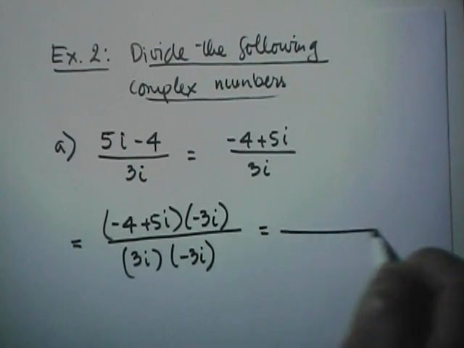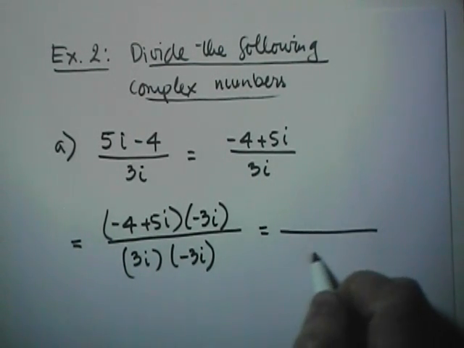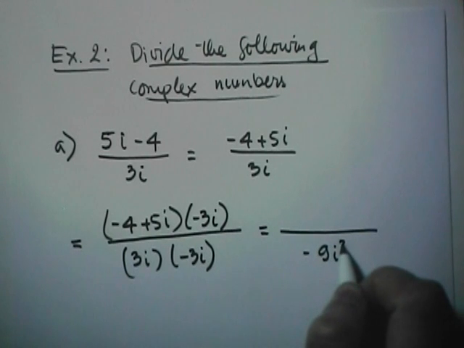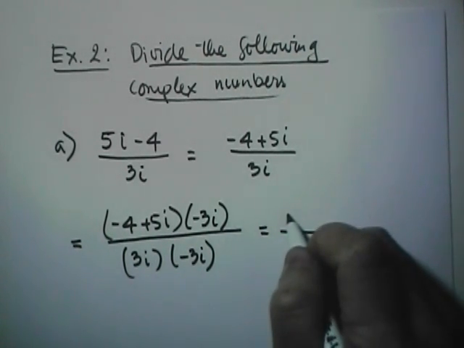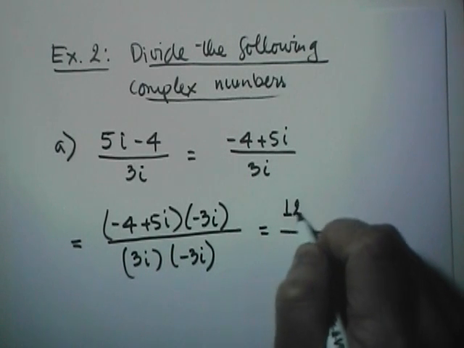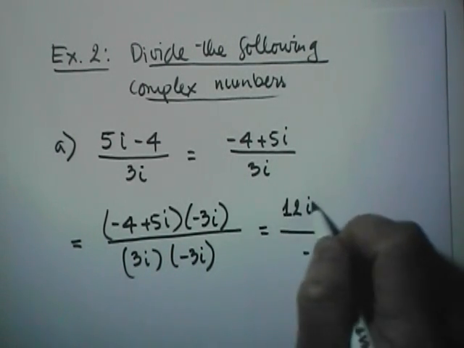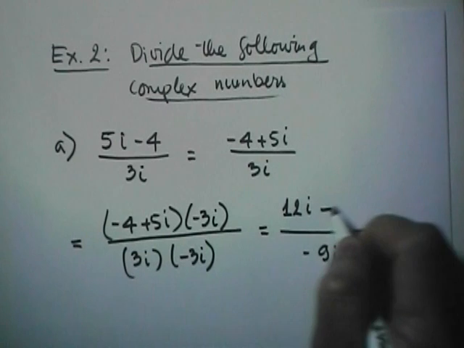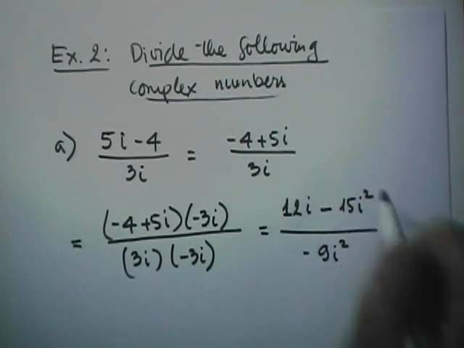So now, my answer here is going to be, at the bottom, minus 9i squared, right? And on top I have positive 12i, minus 15i squared.